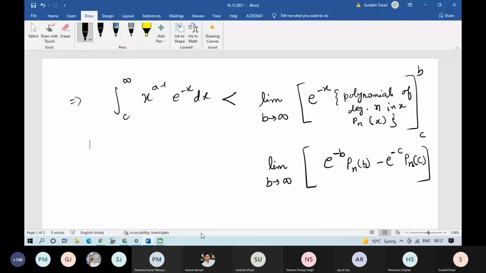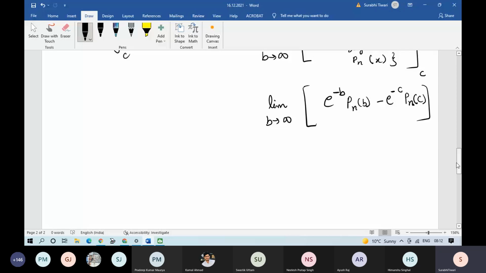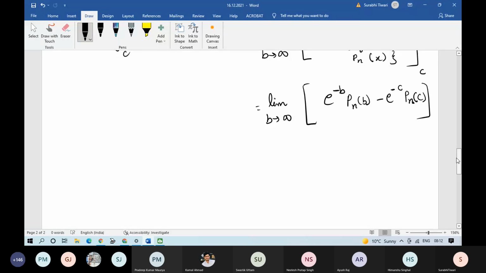Now you take the limit as b tends to infinity. So as b tends to infinity, this e raised to the power of minus b is equal to 0, and there is no change in this part. So we get minus e raised to the power of minus c into Pn(c), whatever polynomial comes. So you are getting a finite value.